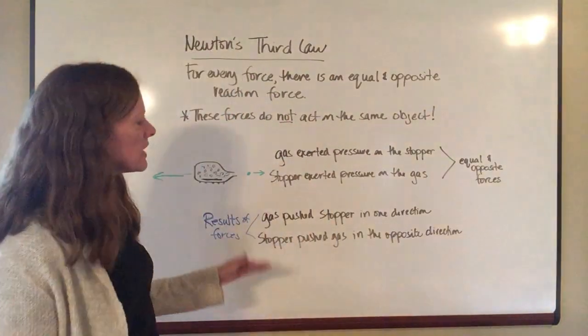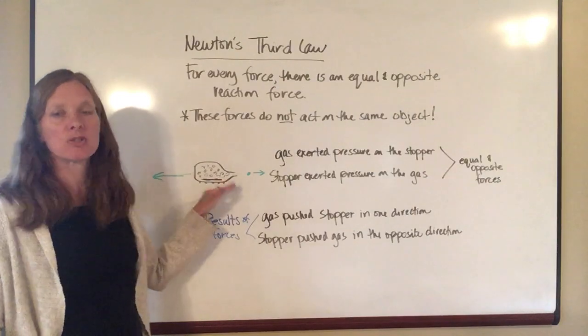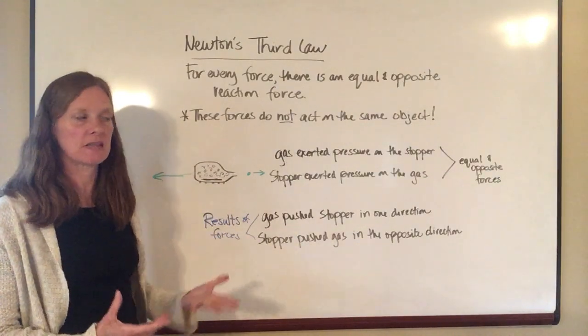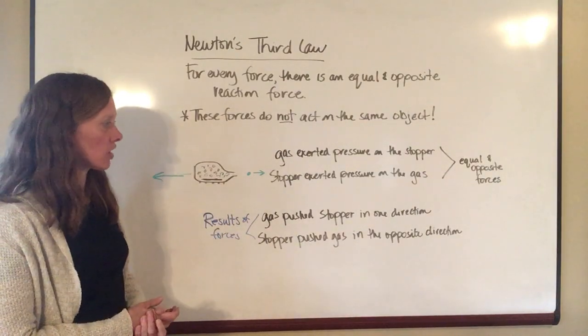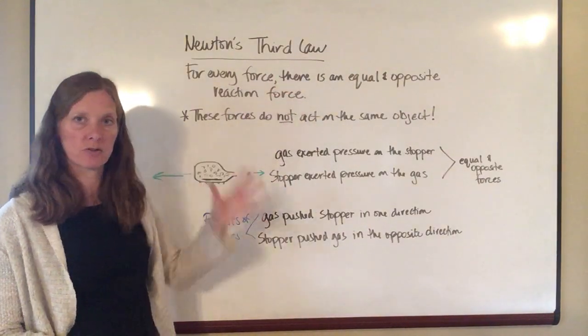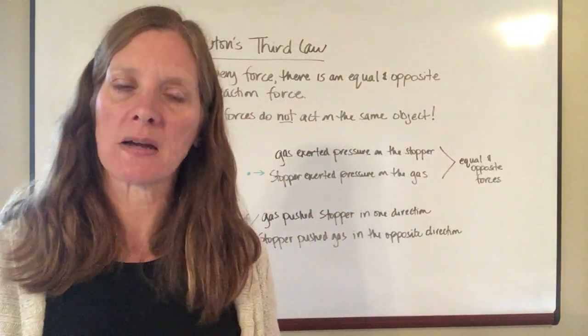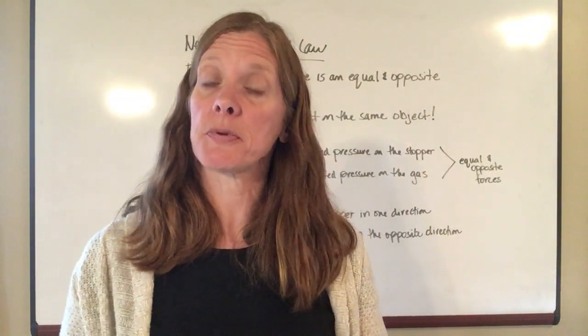It's a little more easily observable in a situation like this, but it's going to happen with any two objects that are in contact with each other. If you have one force, there's going to be an equal and opposite reaction force that occurs with it. So with your homework assignment today, you'll get some practice determining what those equal and opposite forces are.